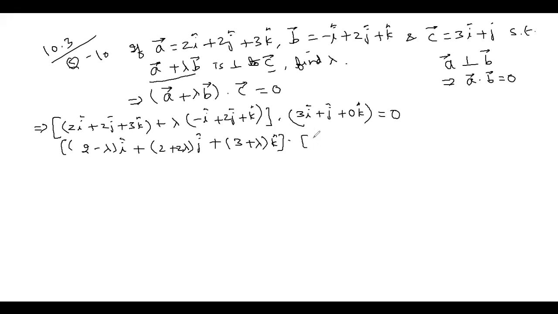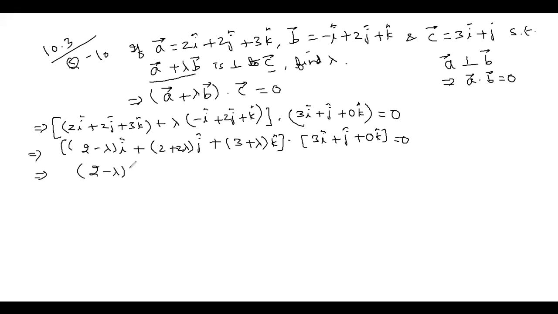product of this with the vector 3i plus j plus 0k cap is equal to 0. Right hand side is 0 because it is a dot product. Now multiply. When you multiply, you know that the corresponding coefficients of i, j, k will be multiplied and added.